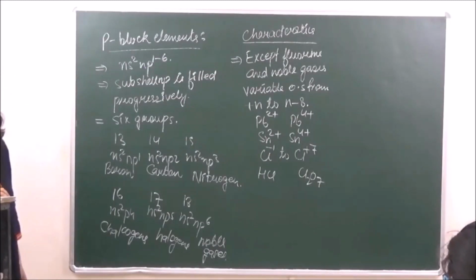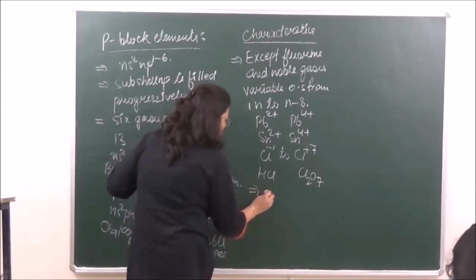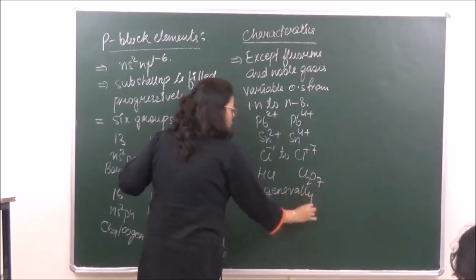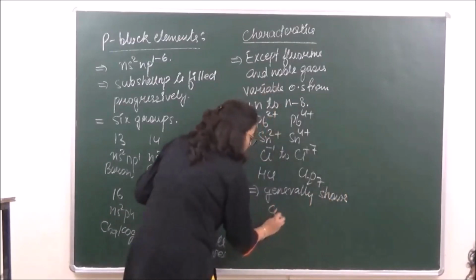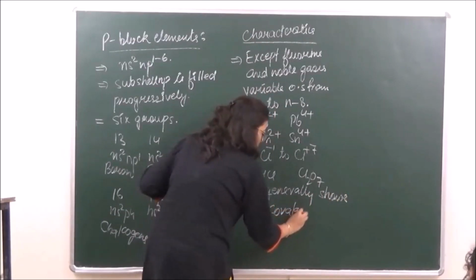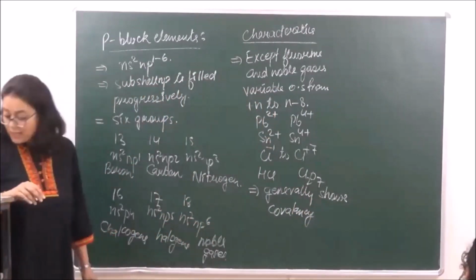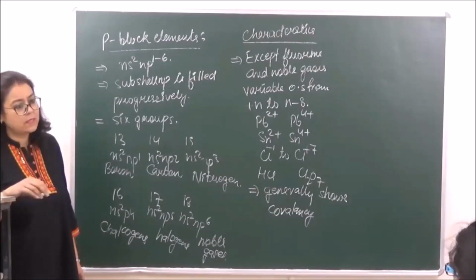Okay. Then the second characteristic is that the p block generally shows covalency. That is, they form covalent bonds, but their higher members may show electrovalency, right?